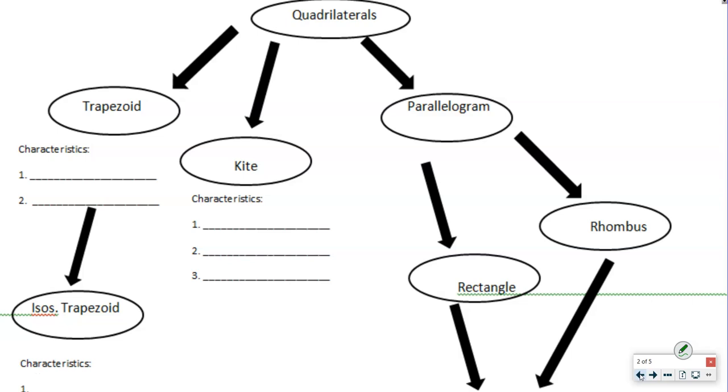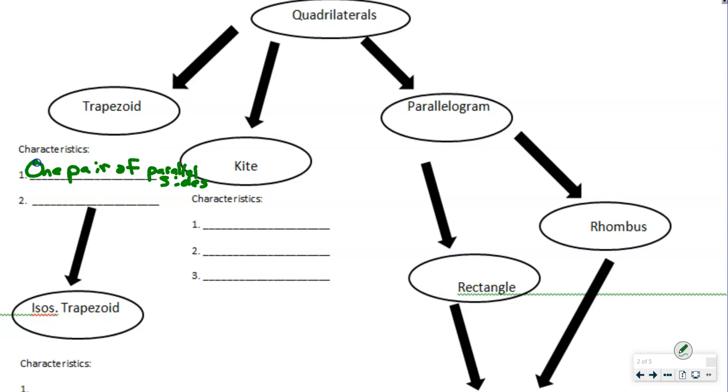So a trapezoid's characteristics: one pair of parallel sides. And then the other characteristic of a trapezoid is that the mid-segment is 1/2 the sum of the two bases.